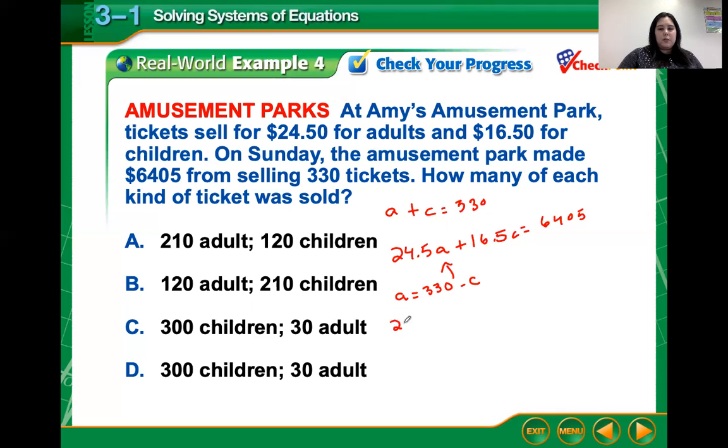So I'm going to do 24.5 times 330 minus C plus 16.5C, and that should get me 6,405. So I'm going to do 24.5 times 330, and we're going to get 8,085.